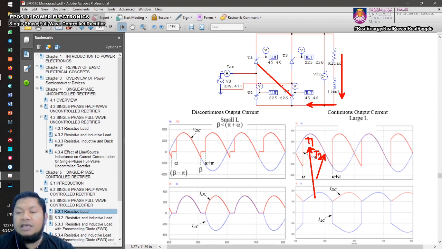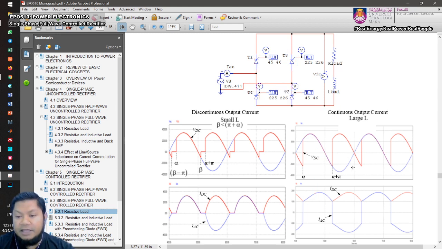Okay, until you trigger thyristor 3 and thyristor 4, because during the negative half cycle, T1 and T2 are already reverse biased. But because the current is still flowing in the direction of the arrow of the thyristors, T1 and T2 keep conducting the current. But once you trigger thyristor 3 and thyristor 4, there will be a commutation of current from T1 and T2 to T3 and T4.